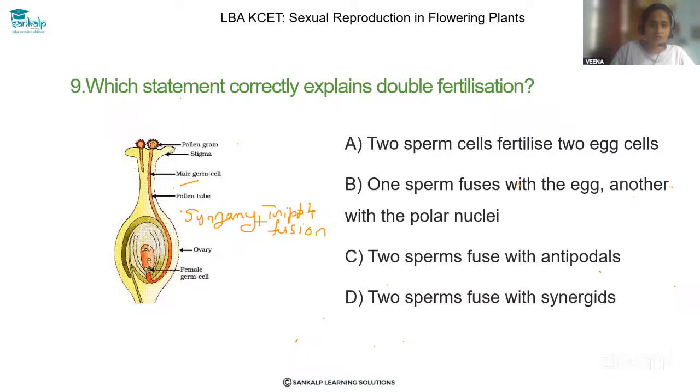If you observe, the pollen grains are forming a pollen tube through the style, and through this pollen tube two male nuclei enter the embryo sac, where one nucleus fuses with the egg, and that process is syngamy, and the other male nucleus fuses with the polar nuclei.